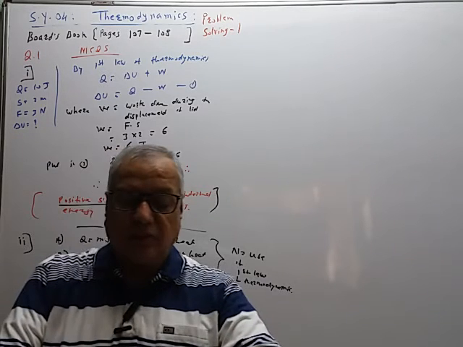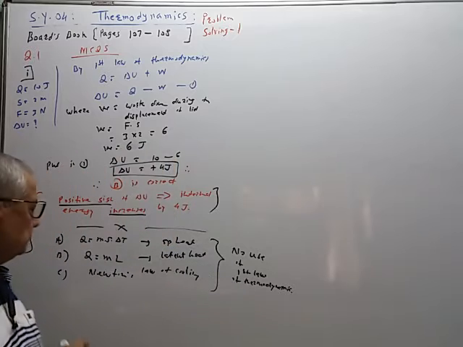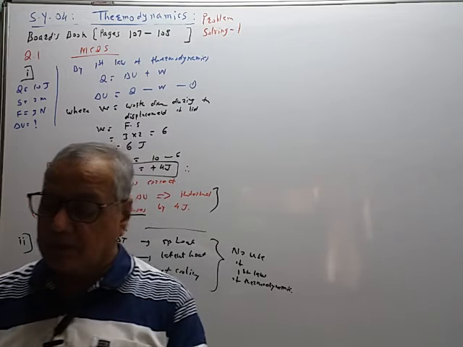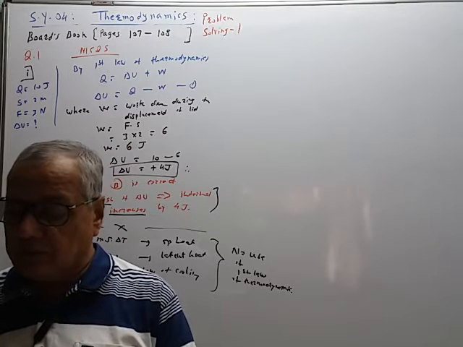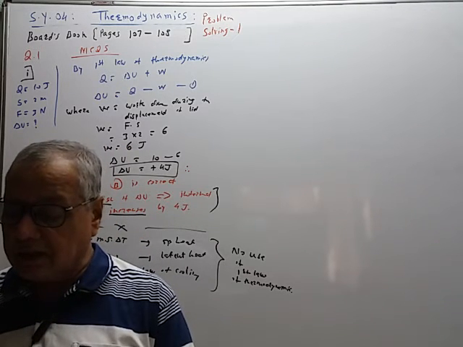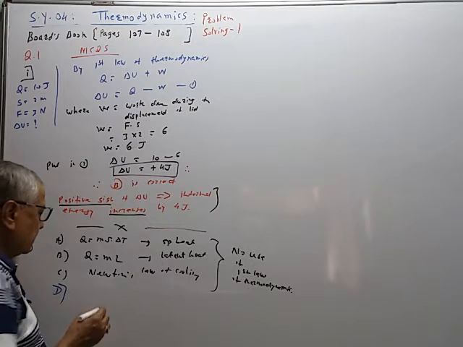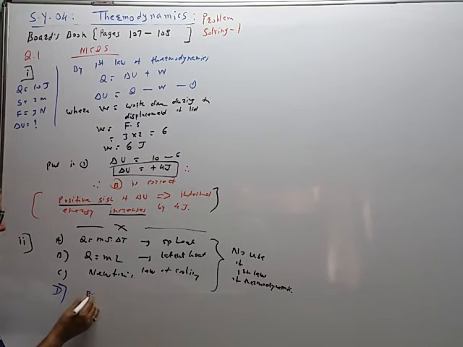In D, the first law of thermodynamics is used. What is the D statement? After falling down the hill, a ball's kinetic energy plus heat energy equals the initial potential energy. So it is the law of conservation of energy. So potential energy of the ball is mgh.